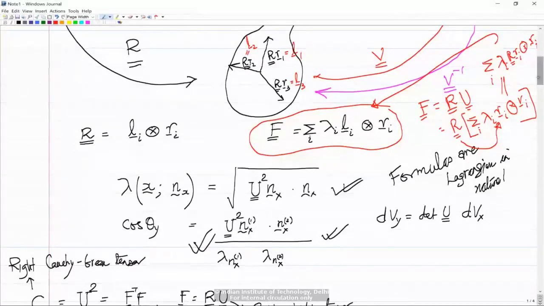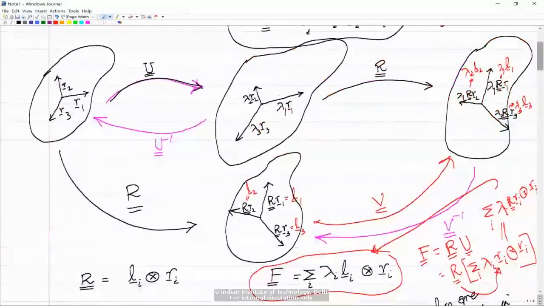From R to V, my question is, can you again explain that after operating the rotation tensor on the reference frame, we get the intermediate term, and from operating the V tensor on this intermediate term, we get the final deformed configuration, the current configuration? Correct. In the last class, you said all those L1, L2, L3, and all the remaining material lines will be stretched, and we will get the final deformed configuration.